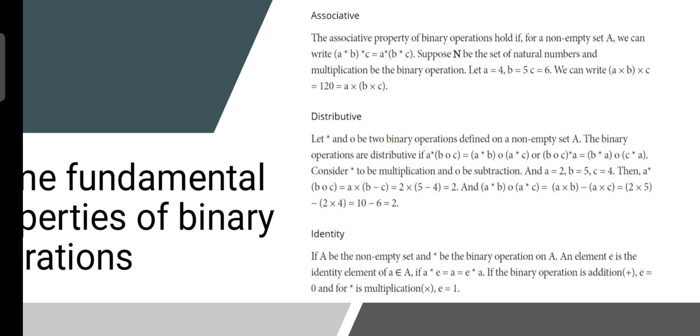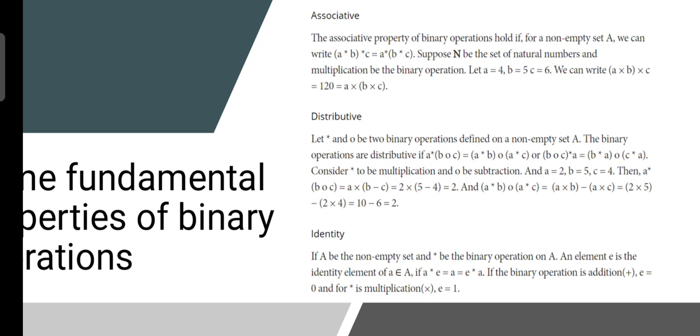If we combine the first two elements, and the result combined with the third element gives the same result as combining the last two elements, and the first element combined with that result, that is, (A star B) star C equals A star (B star C), then the binary operation satisfies associativity.